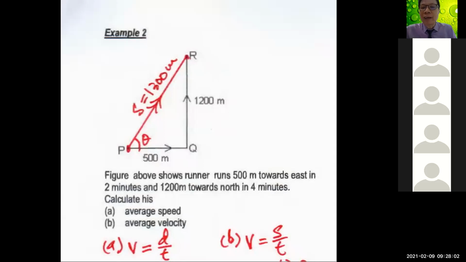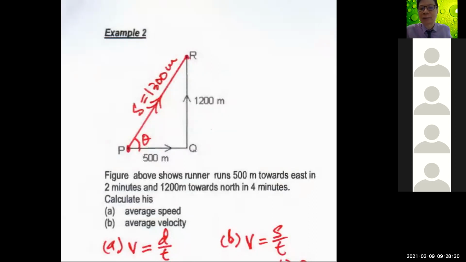Okay, Jiajin gave an answer already. She says average speed is 85 divided by 18. Simplify now. Okay, in decimal, what is your answer?